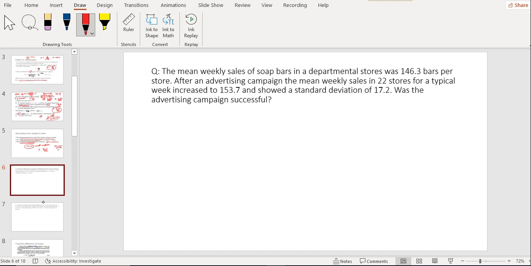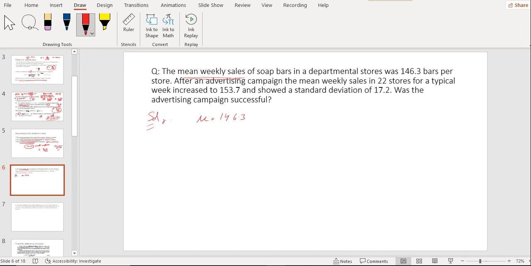So firstly we just note down whatever information is known to us. It is given as the mean weekly sale of soap bars in a departmental store. That means this is the population mean, 146.3.